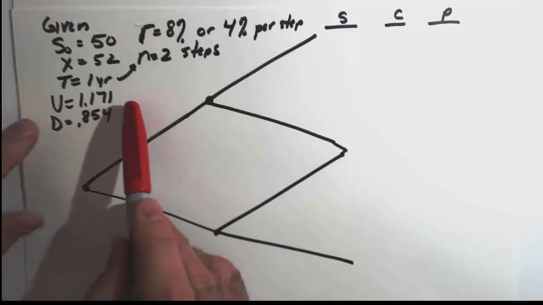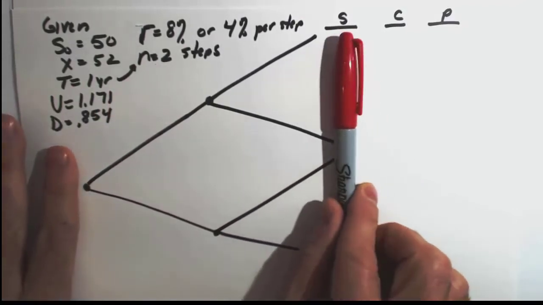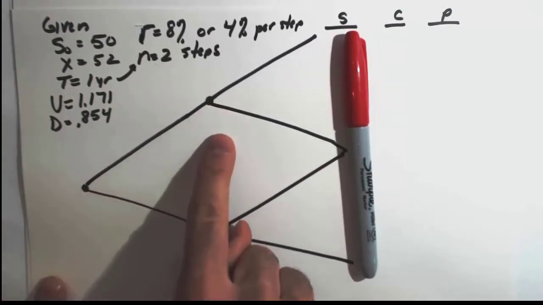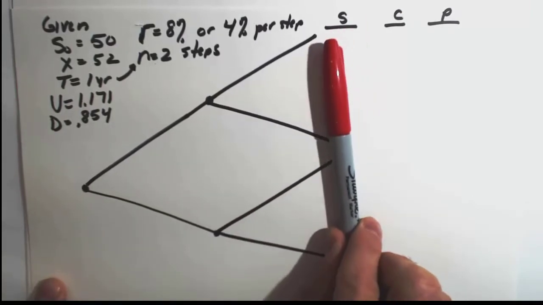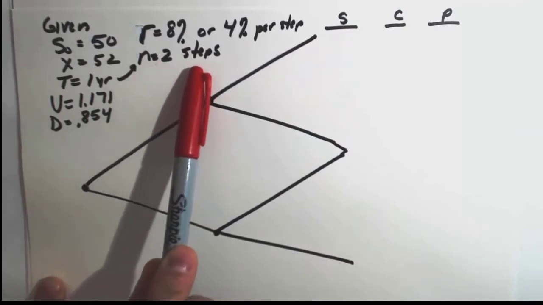We have a whole year, and that's what this lattice work covers. It covers today, 6 months from now, and then another 6 months, and at the end is the 1 year mark. So there are 2 steps. N is 2 steps here.